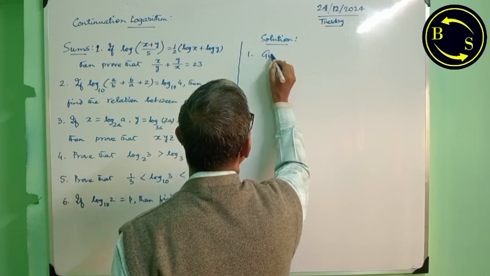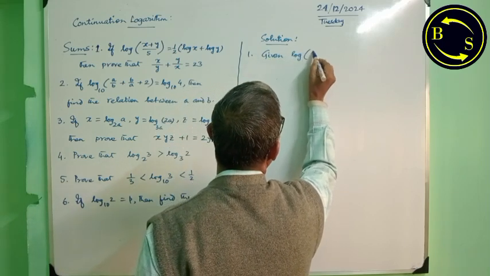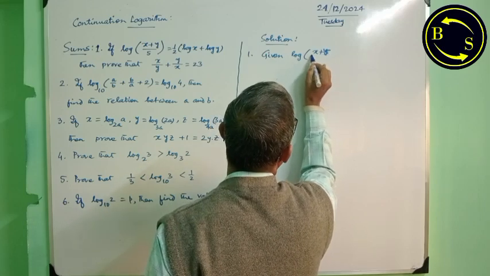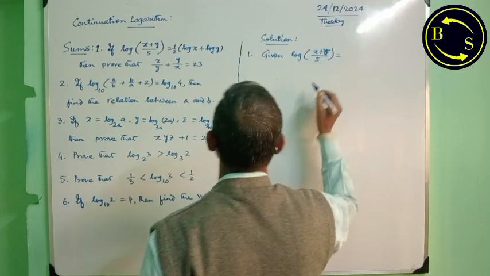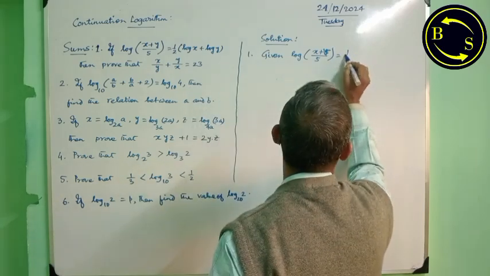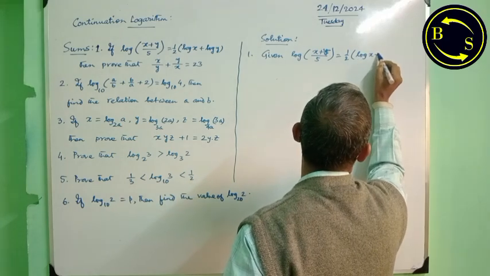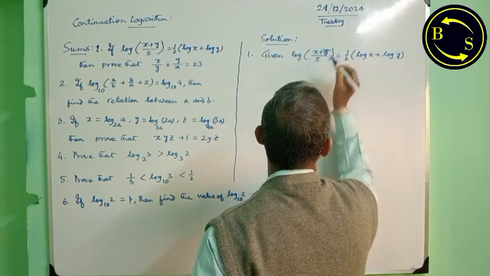Given log of (x plus y) by 5 is equal to half (log x plus log y).